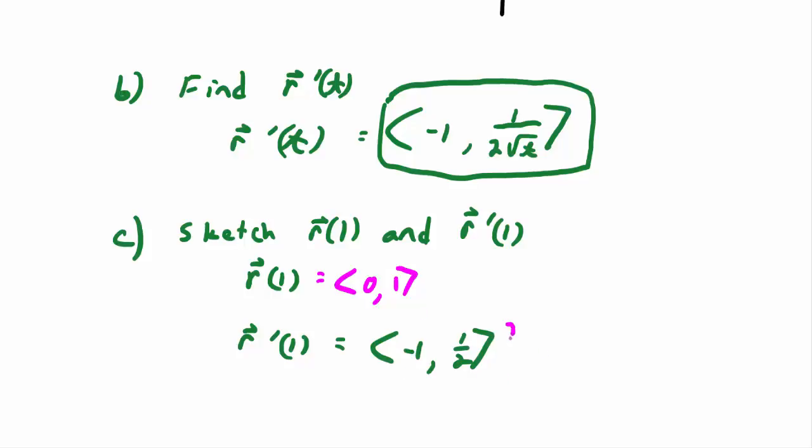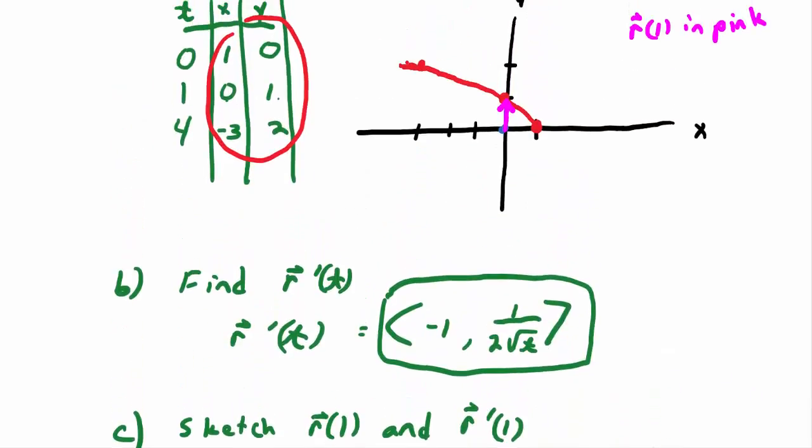With this vector, I'm going to plot it so that its initial point, its tail, is at the terminal point, or the tip, of r of 1. So the tip of r of 1 is at this point 0, 1.